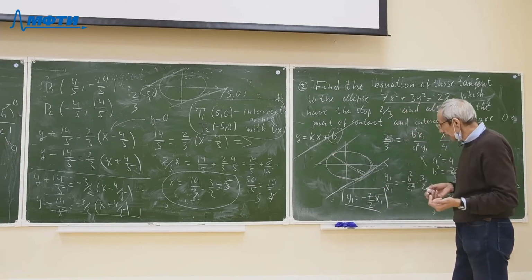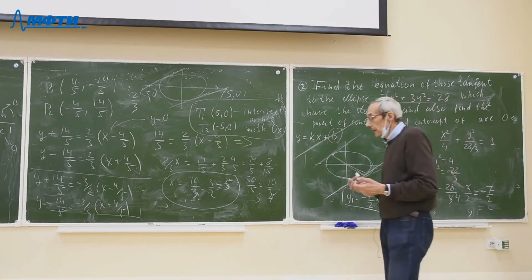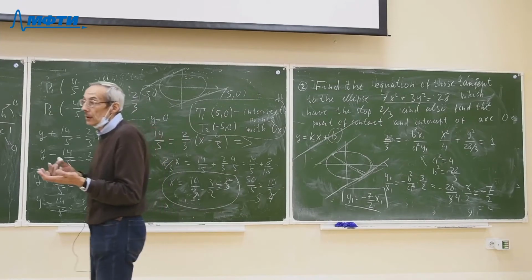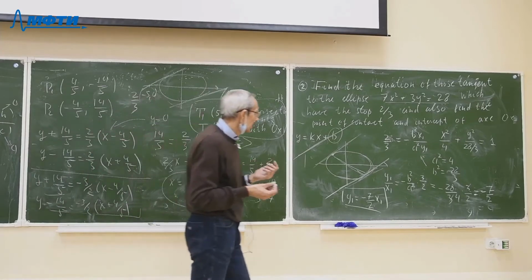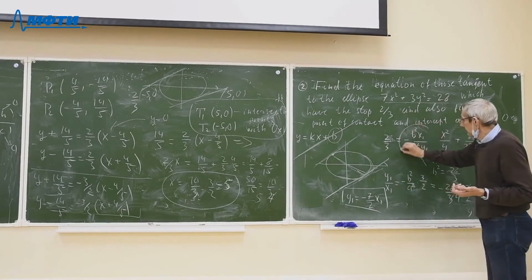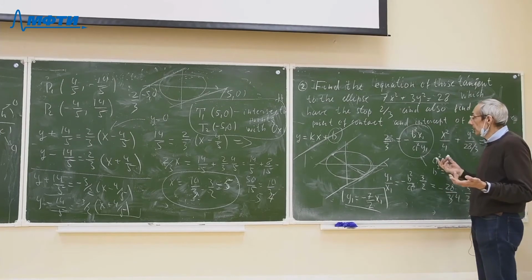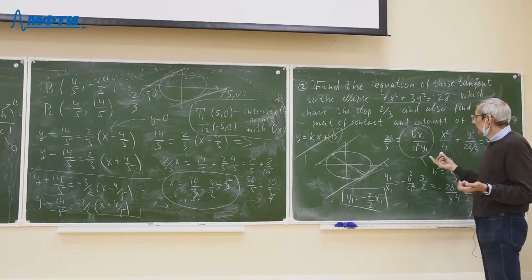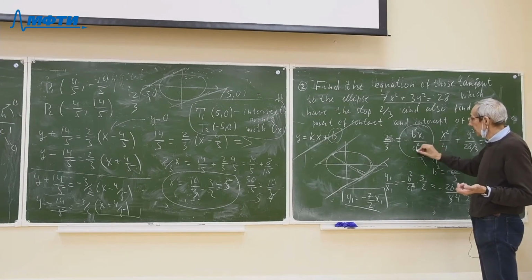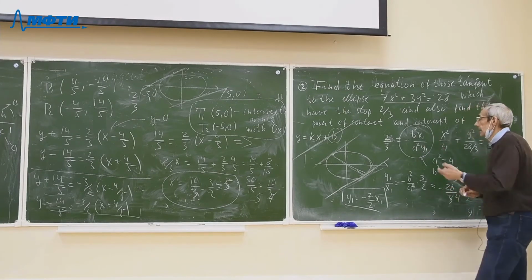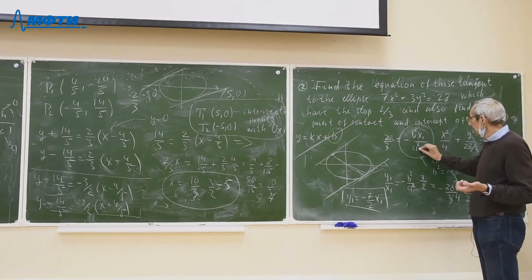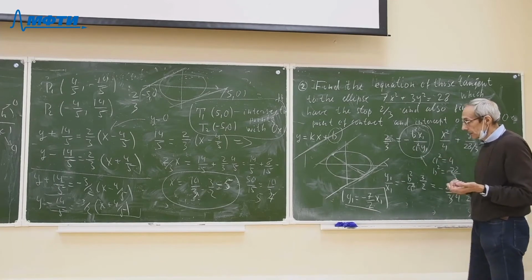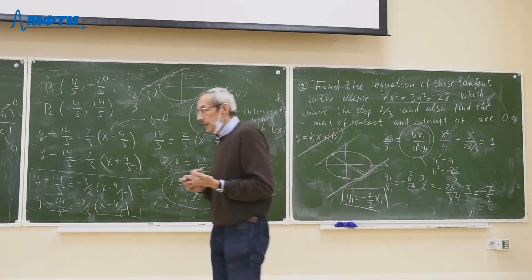And the idea: we have the formula for the slope of the tangent, and the equation of the ellipse is given, and we have the exact values of b squared and a squared, and we can find the ratio of the coordinates of this point, first and second.